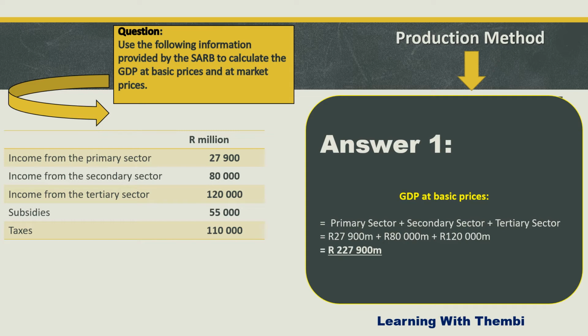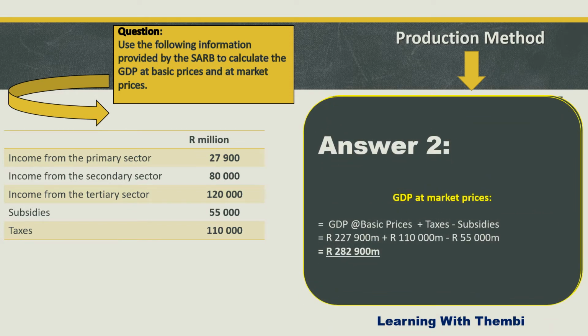So your second answer now, you will have to calculate the GDP at market prices. And we know that when you calculate the GDP at market prices, you have to add taxes and subtract subsidies on the GDP at basic prices. So your second answer here will be the 227,900 million rand, which is the GDP at basic prices.